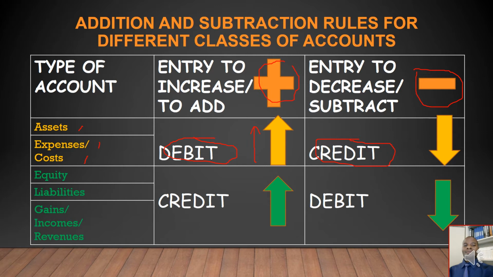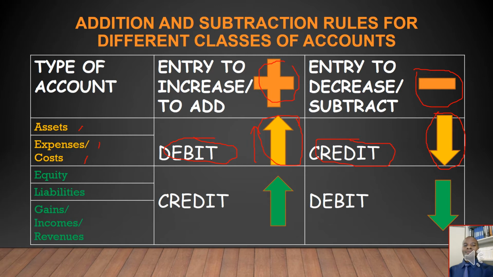So the acquisition of an asset, the addition to expenses will be debited because they are increasing the value of an asset and they're increasing the expense. So to add to an asset, to add to an expense, you debit. And the reverse goes. To subtract from an asset, to subtract from an expense or a cost, you credit. So crediting in an asset account simply means that you are reducing. Debiting simply means that you are increasing the value.